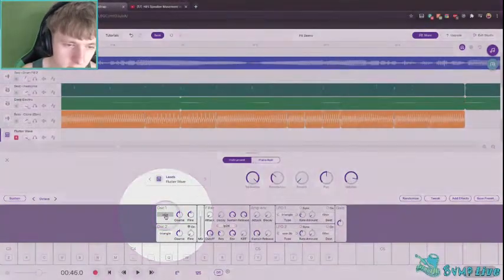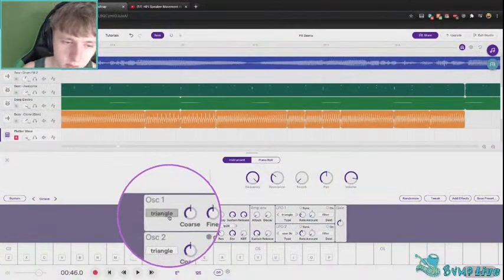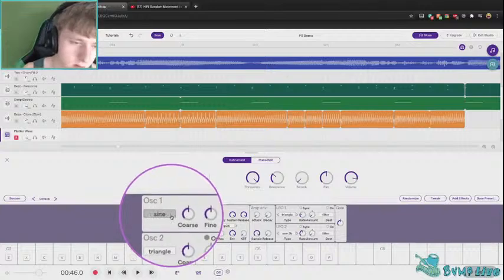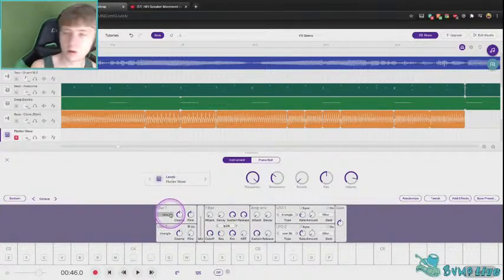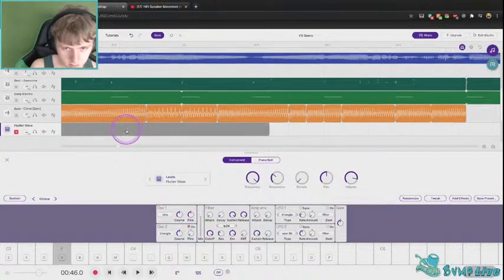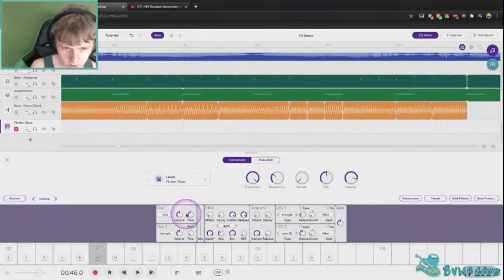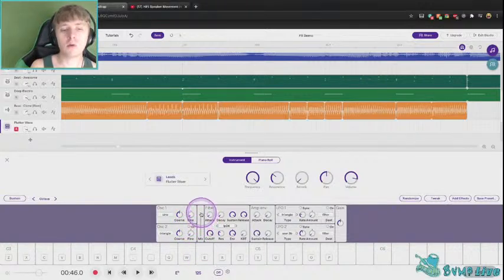I just click through this box here. You can pick different shapes. Sine. So let's pick sine. Alright, something is off here. It's supposed to be much more. Okay, it seems that we are still hearing the other oscillator.